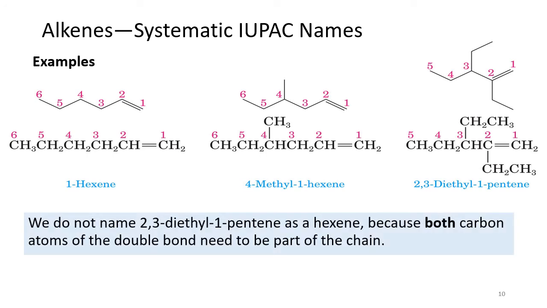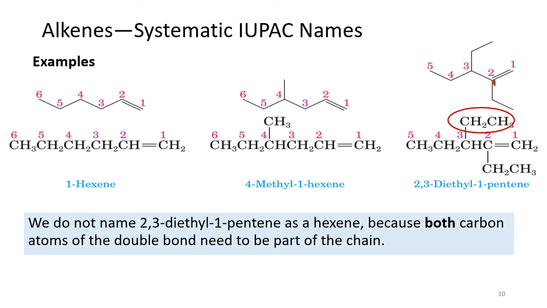If we look at the one on the right, the 2,3-diethyl-1-pentene, we're not going to use that numbering system where we have 1, 2, 3, 4, 5, 6. That is the longest chain, but that longest chain of 6 carbons does not contain both atoms of the carbon-carbon double bond. It only contains one of them. The longest chain that contains both carbons of the carbon-carbon double bond is the 5-membered chain shown with the pink numbers.